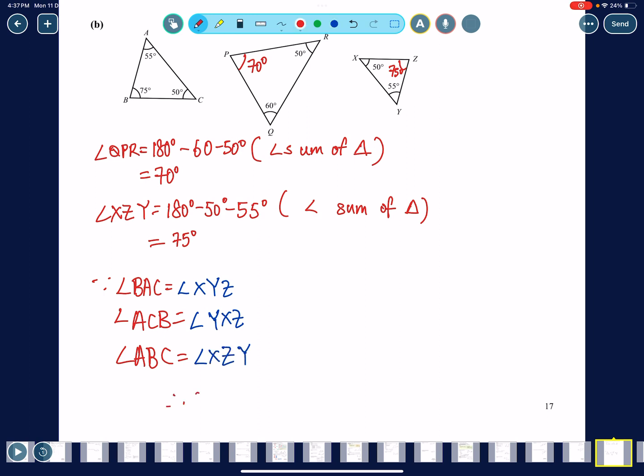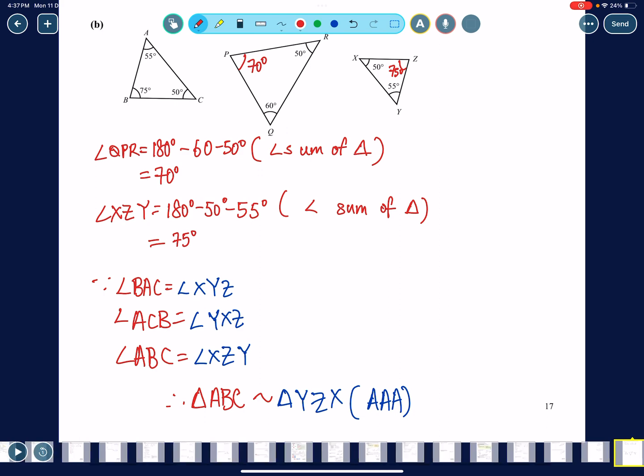So therefore, triangle ABC is similar to triangle... A has 55, so we have to put Y first. B has 75, next is Z, and then X. Okay, moving on to the next condition.